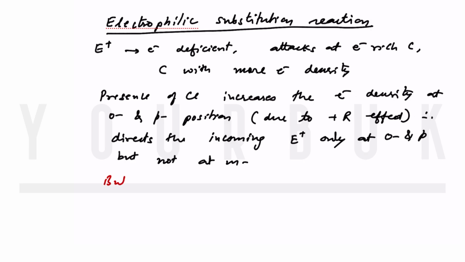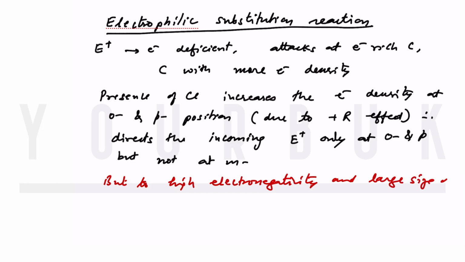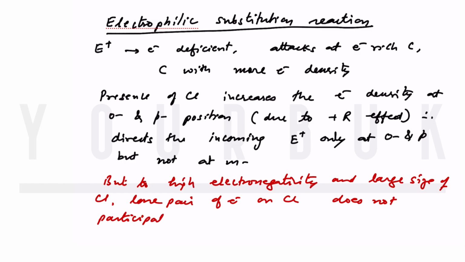Due to the high electronegativity and large size of chlorine, the lone pair of chlorine does not participate effectively in resonance with benzene.